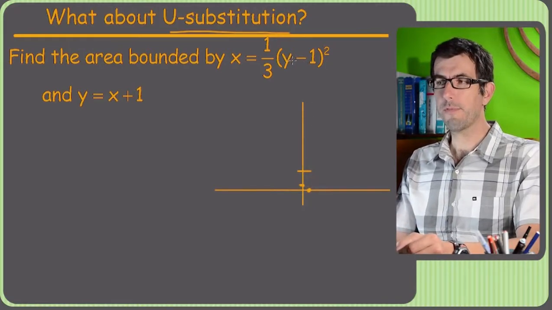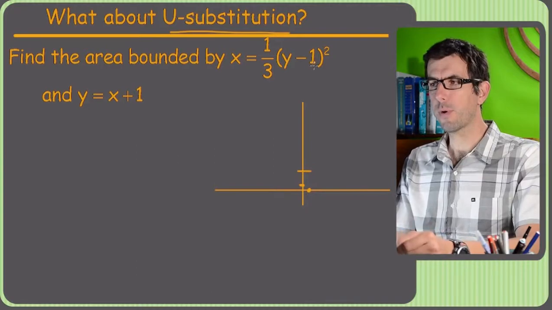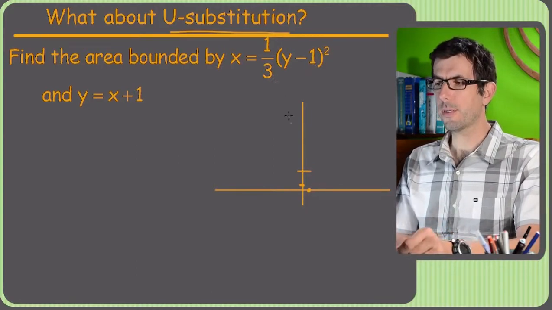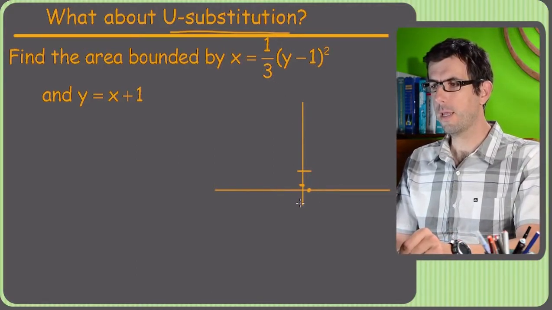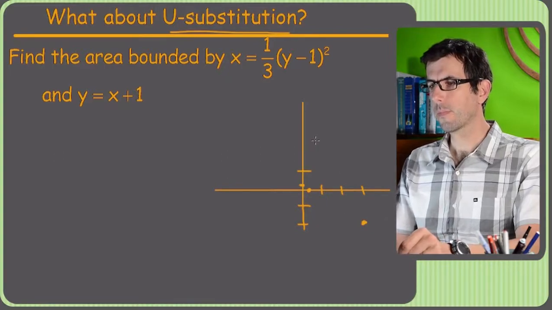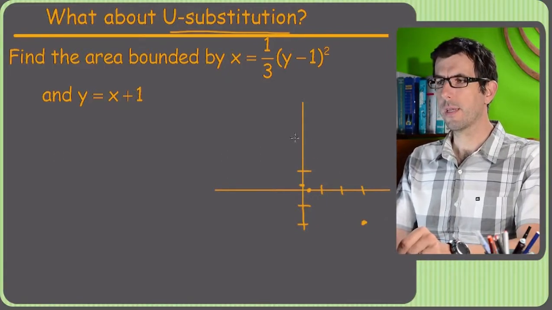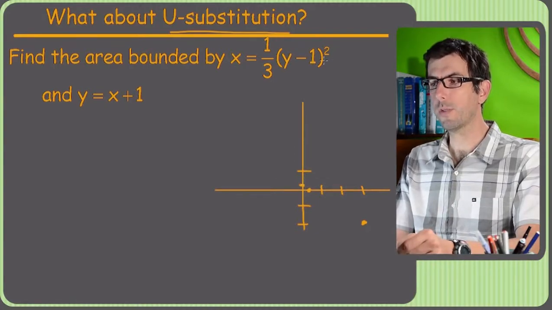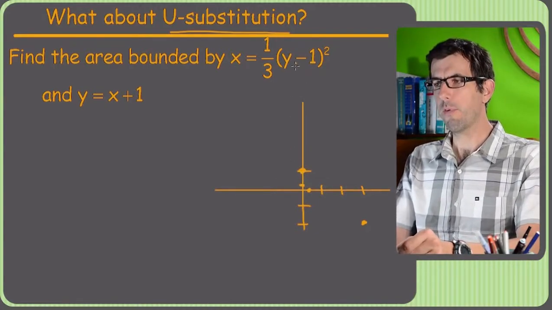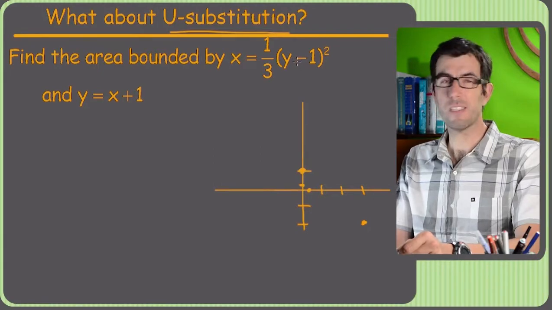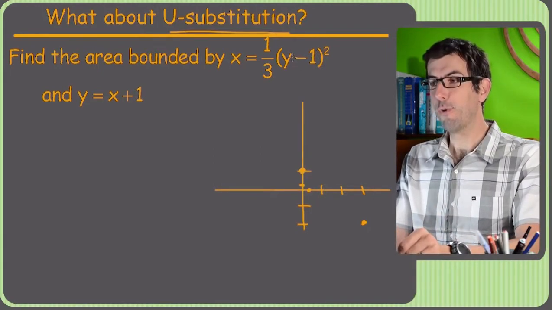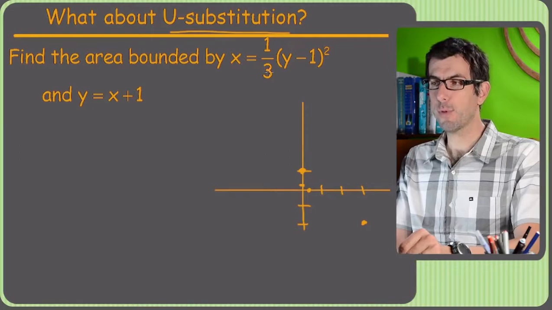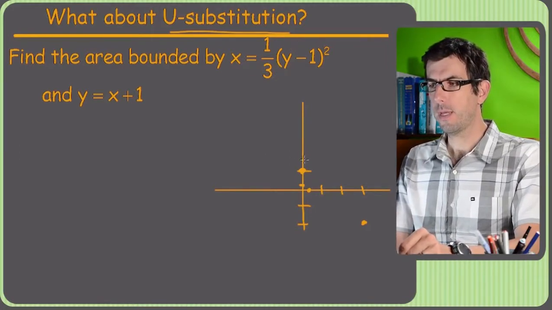If I plug in -2 for y, I get -3 squared is 9, 9 times 1/3 is 3. So I got -2, 3. Alright, where's the vertex on this thing? If I plug in y equals 1, I get 1 minus 1 is 0. Okay, there we go. And if I plug in y equals 4, let's say, 4 minus 1 is 3, 3 squared is 9, 9 times 1/3 is 3.